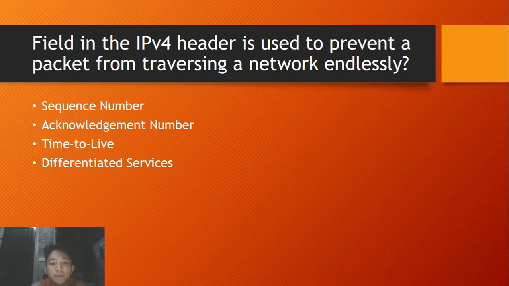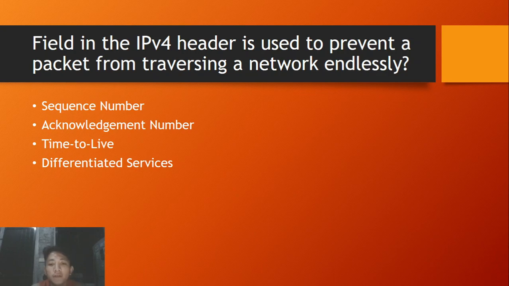Why? The value of the time to live (TTL) field in the Internet Protocol version 4 or IPv4 header is used to limit the lifetime of a packet. The sending host sets the initial TTL value, which is decreased by 1 each time the packet is processed by a router.